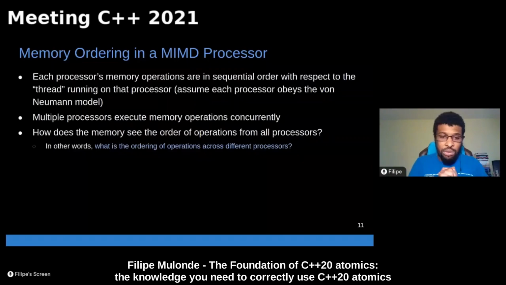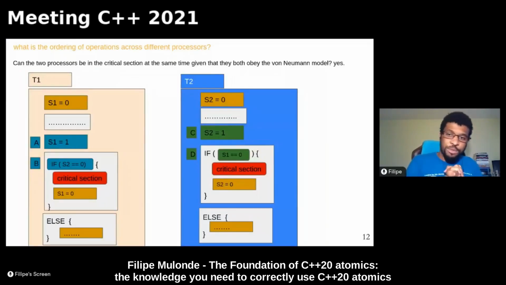So let's understand why this question is important using this example. Can the two processors be in the critical section at the same time, given that they both obey the Von Neumann model? The answer is yes. And what does the second question have to do with the first question?